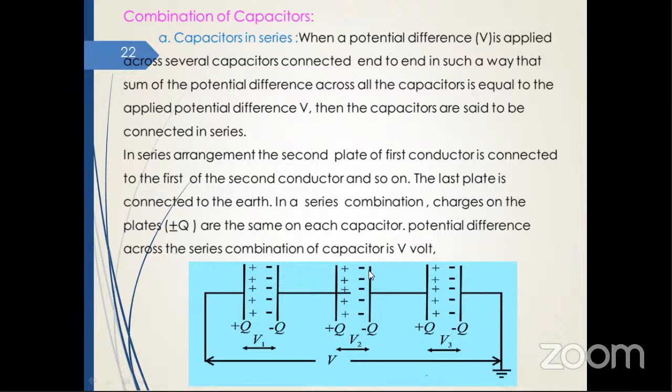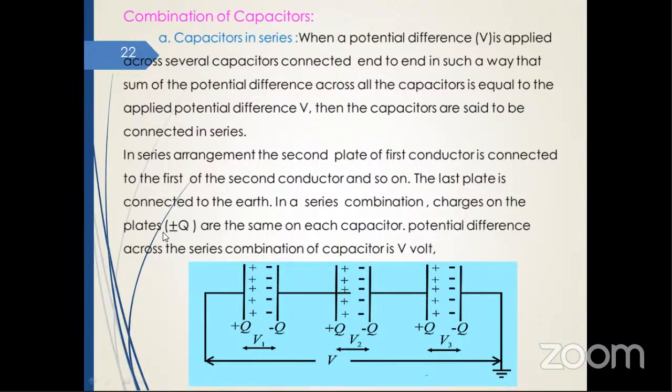Similarly, the second plate of the second is given to the first of the third one. In this way, we can join these capacitors, or conductors, in series. The last plate is connected to the earth, so all these positive charges are given to the earth.